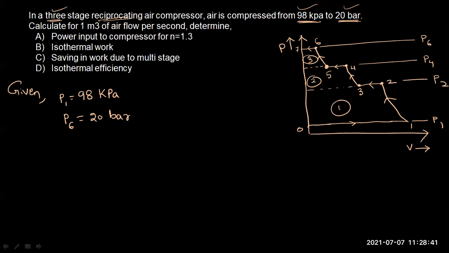Secondly, here the final pressure is given as 20 bar. This one I have to convert into kilopascal. 1 bar is 100 kilopascal. So 20 into 100, 2000 kilopascal. In a three-stage compressor, the entrance pressure of the air is 98, but after 3 stages of compression, the final pressure we are getting is 2000 kilopascal.